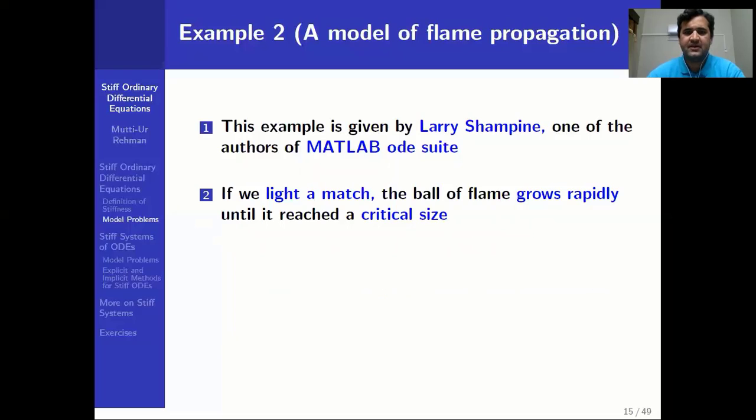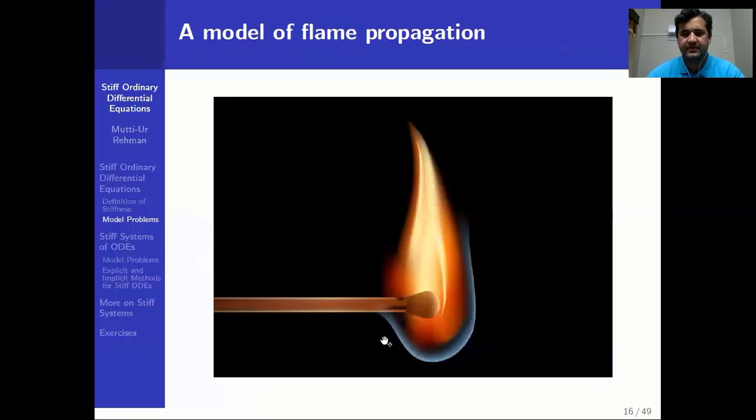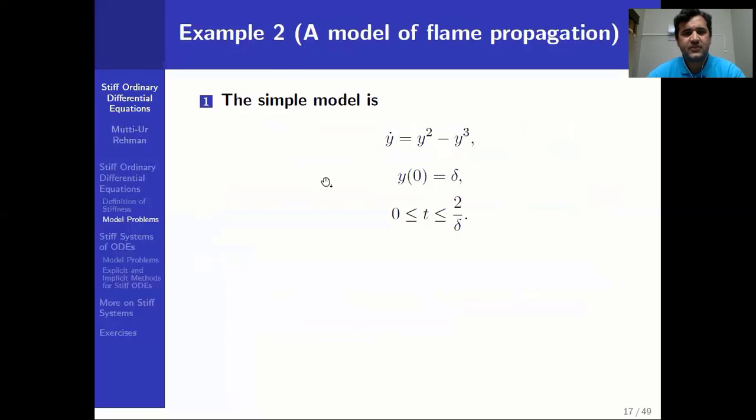But the point is, the ball remains at a critical size. This is possible because the amount of oxygen consumed by combustion inside the ball balances the oxygen available through the surface. So here is the simple model which describes the flame propagation.